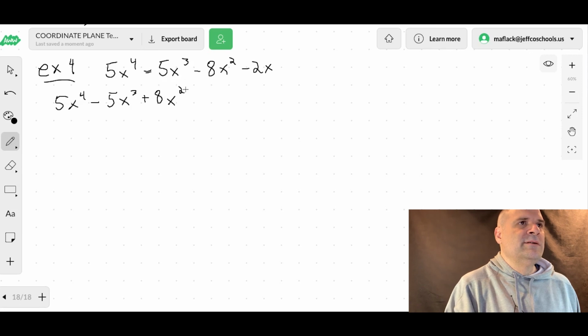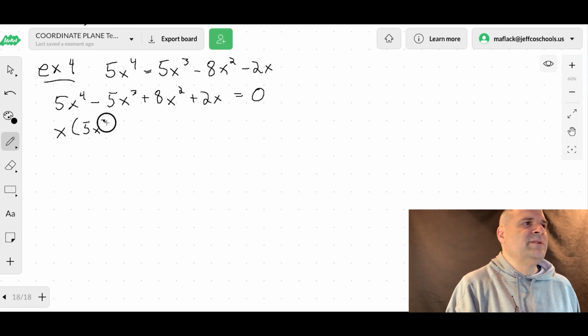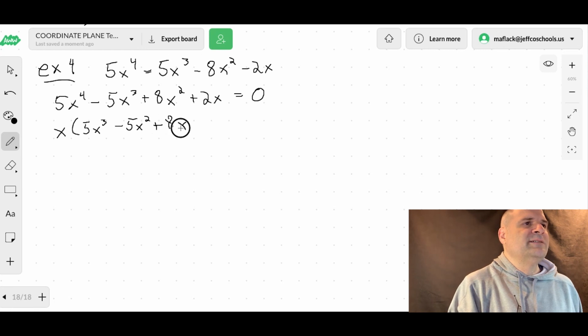So this is our same equation, but with everything on the left side with 0 on the right. Okay, take out your common factor, which is only x. So now you're left with 5x cubed minus 5x squared plus 8x plus 2.